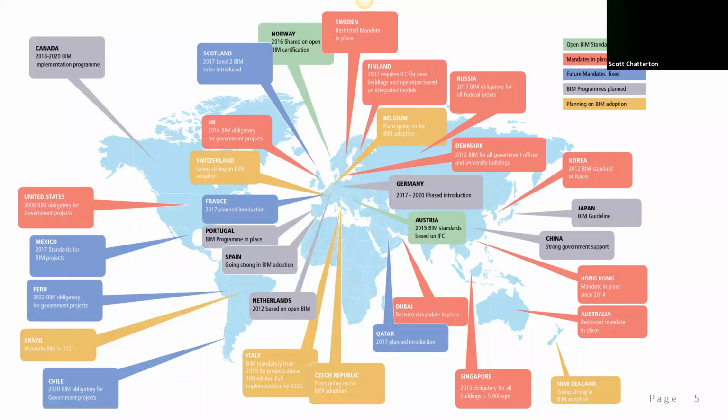They're able to draw upon resources from the northern countries, Norway, Sweden, Finland, and the UK, since they've had a mandate around BIM, which has really spiked education and utilization. And the Netherlands have been using Open BIM since 2012. So it's really taken off around the globe.